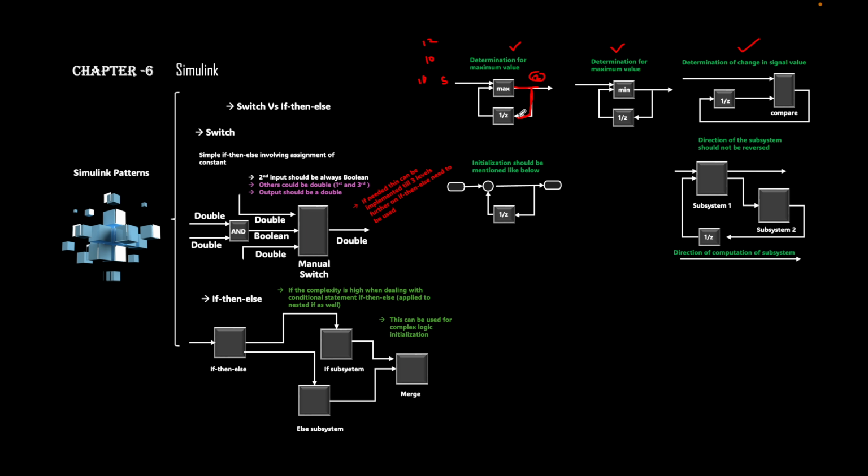So this is how it is happening. If the value changed to 12, then next time when it becomes 10, the maximum value itself is 12. So that is how it should be, and you will get the maximum value as 12.